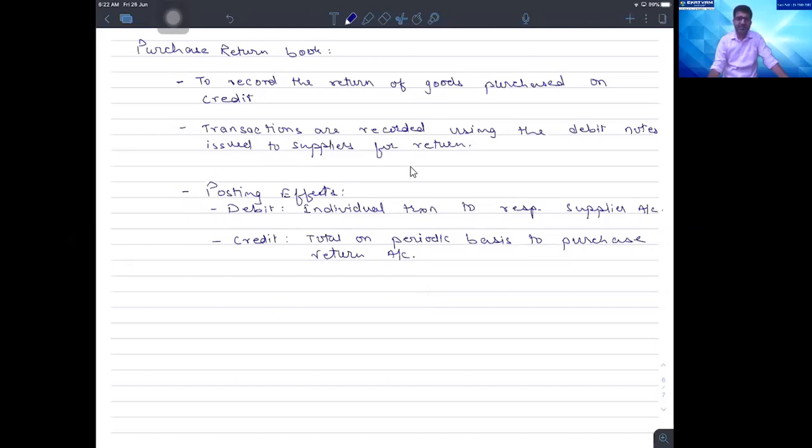That's what I said, that it is exactly the reverse of the purchase return book. Am I right? Yes or no? If anyone has any doubt, just raise it. Okay. So that's what is with reference to the sales return book.